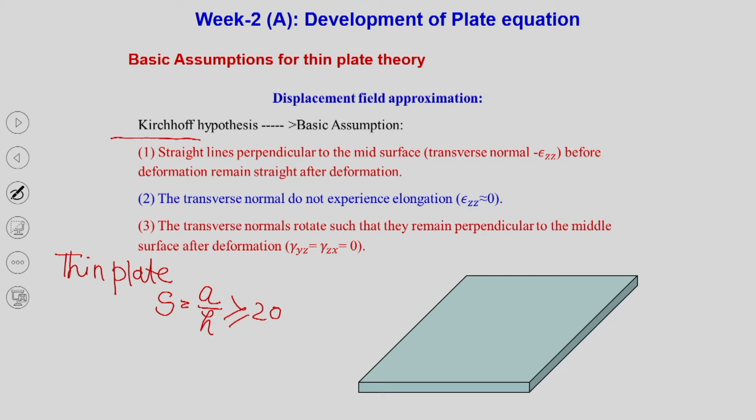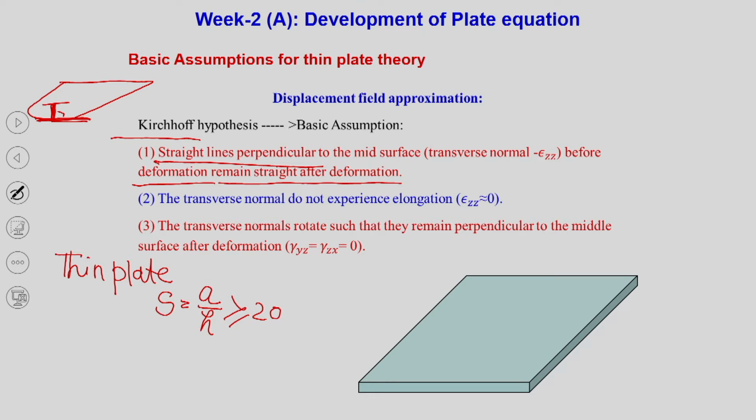And what are those assumptions? First, a straight line perpendicular to the mid surface before deformation remains straight after deformation. If this is my straight line perpendicular to the middle surface, then this line remains straight before and after deformations.